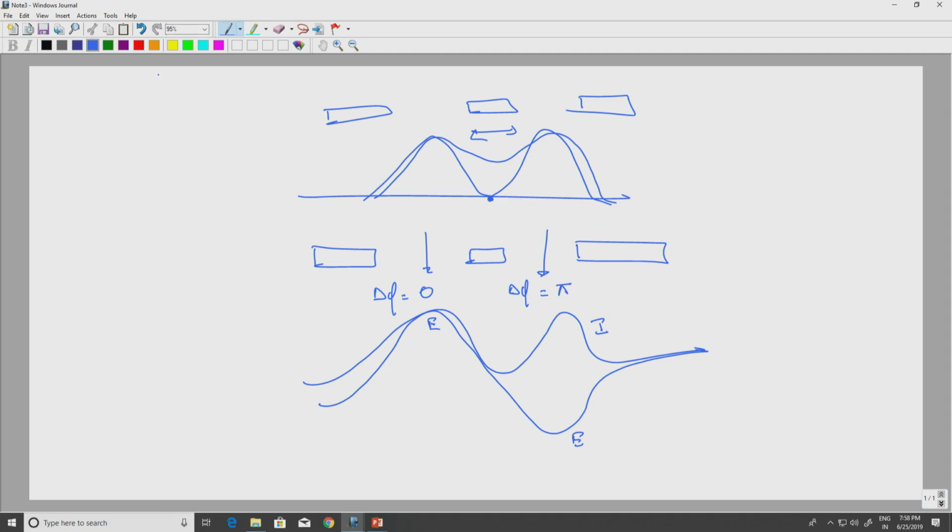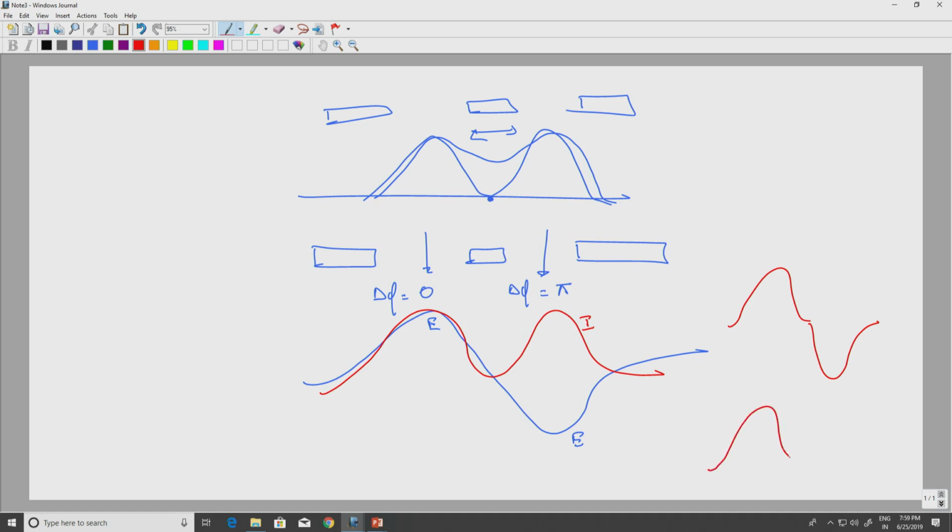I'll use a different color so that you can see it. So this is the electric field, but the intensity of the light will look something like this. It's the modulus square of the electric field that is going to be your intensity, because you have opposite phase. So you had a field like this, and then you had a field like this. If I do the amplitude square, I'm going to get something like this. This is how I achieve better resolution by changing the phase here.